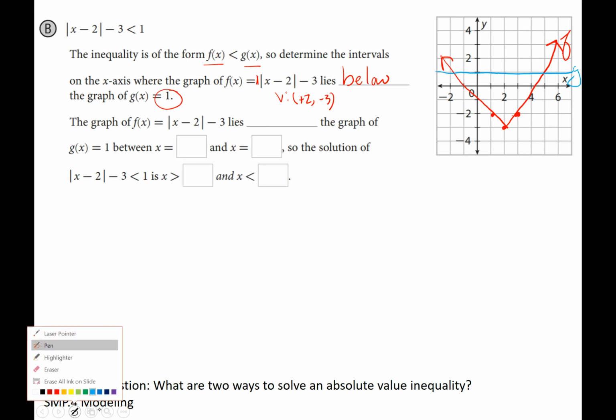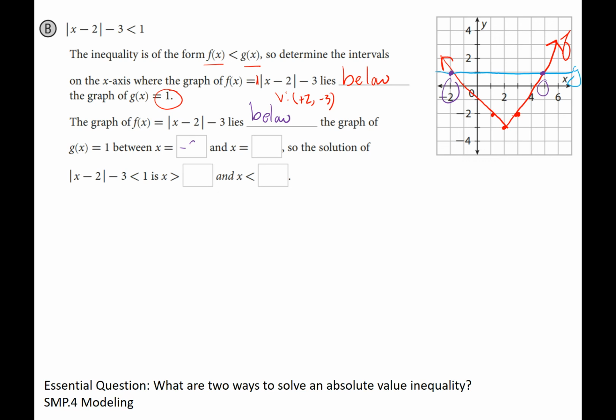So we're looking at the points of intersection, which would be, so I missed a little bit. It looks like -2 and +5. So the graph lies, we would want to say, below the graph of g of x. So where this red graph line is below the blue graph is between those two x values.